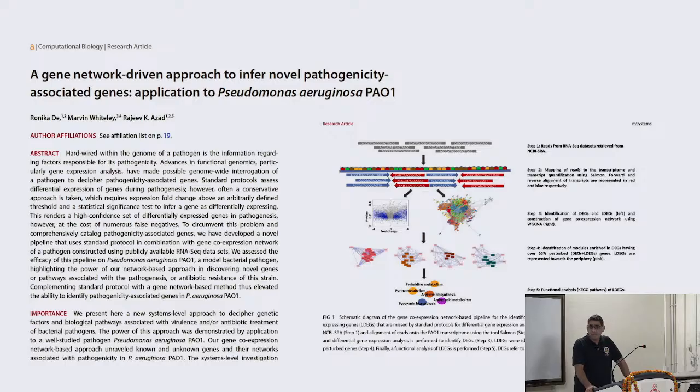More discussion about this paper and methodology will be done by Professor Azad. He recently published this, probably last year, and if you see this diagram, how they have made this co-expression network based model, they are also studying the ARG, that is antibiotic resistance. They studied this pathogen and the ARG characteristics.